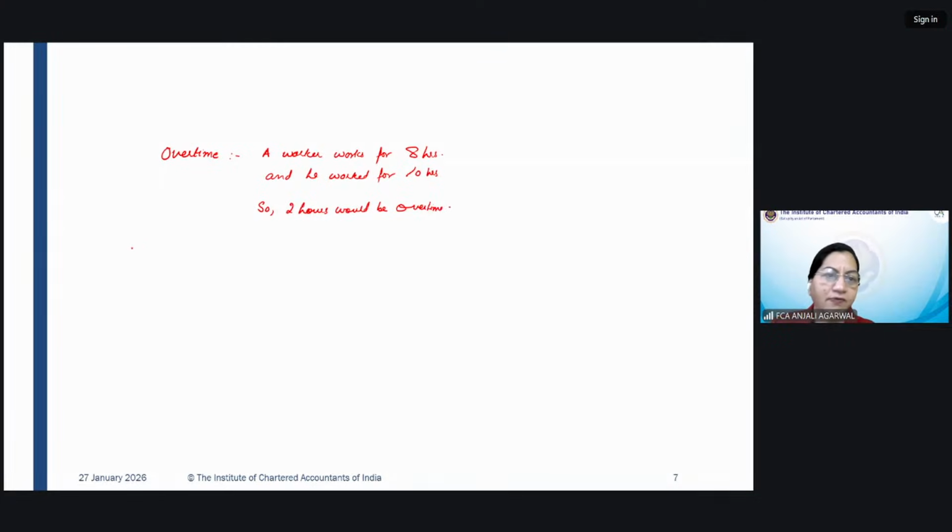So generally, workers are paid extra for overtime. This extra payment is called as overtime premium.